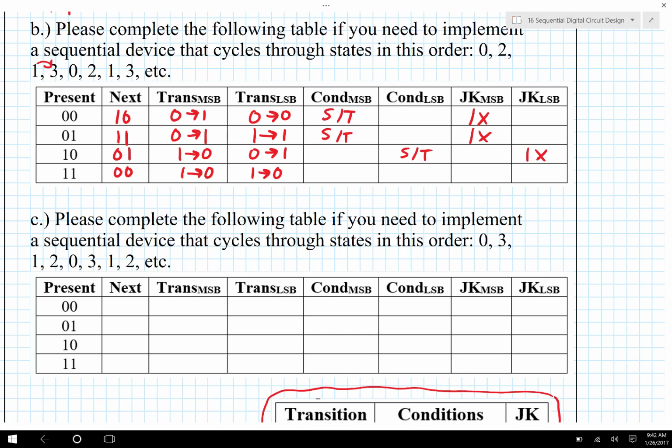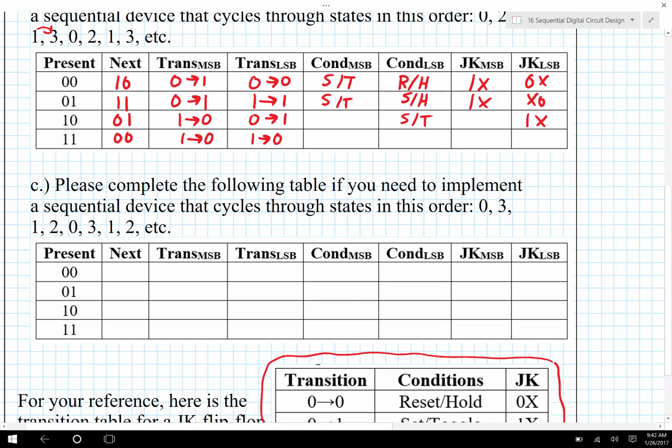A 0 to 0, that's a reset or a hold. So there's a reset or a hold, and that corresponds to a 0x. And there are no other 0 to 0 transitions in this table. 1 to 1, that's a set or a hold. And a set or a hold can be done by an x0. And then are there any other 1 to 1s?